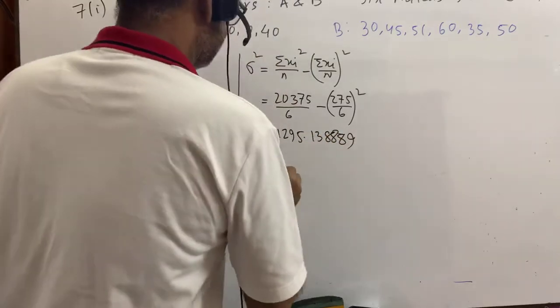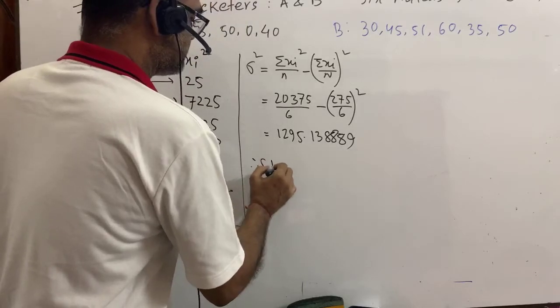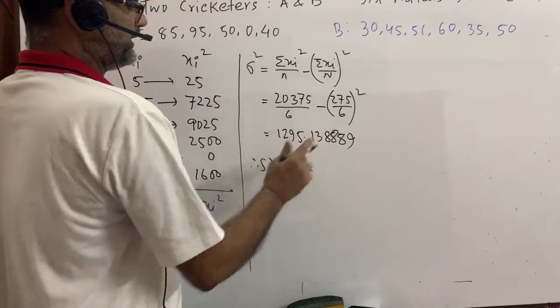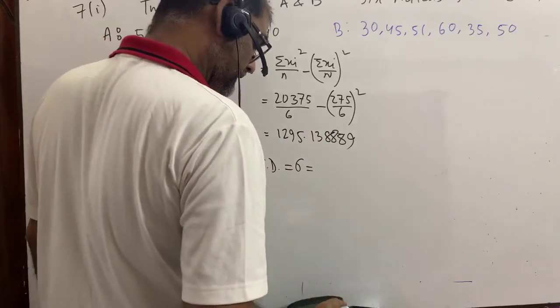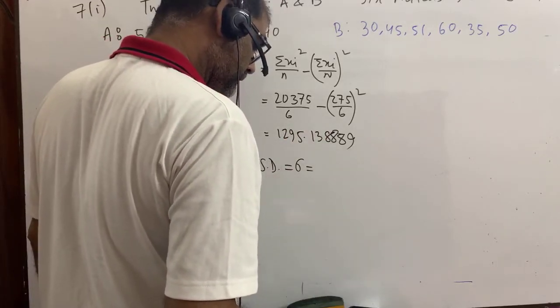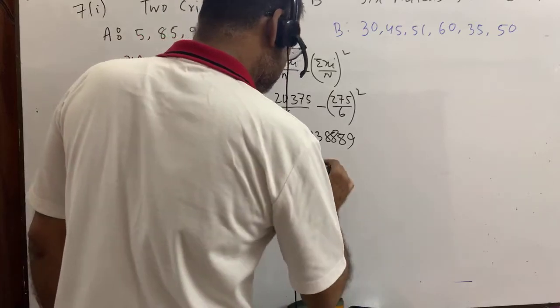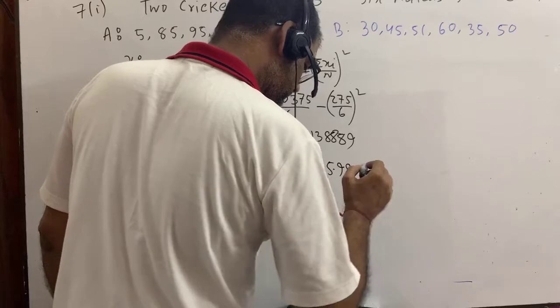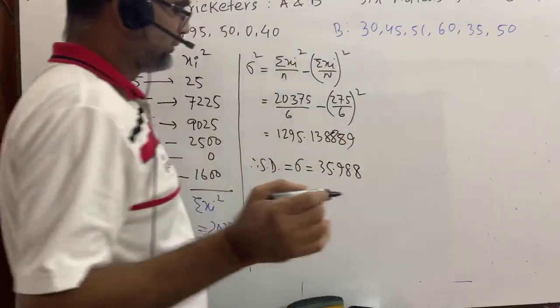1295.129. Therefore, the standard deviation sigma is its square root. Its square root will be 35.988. Please pay attention.